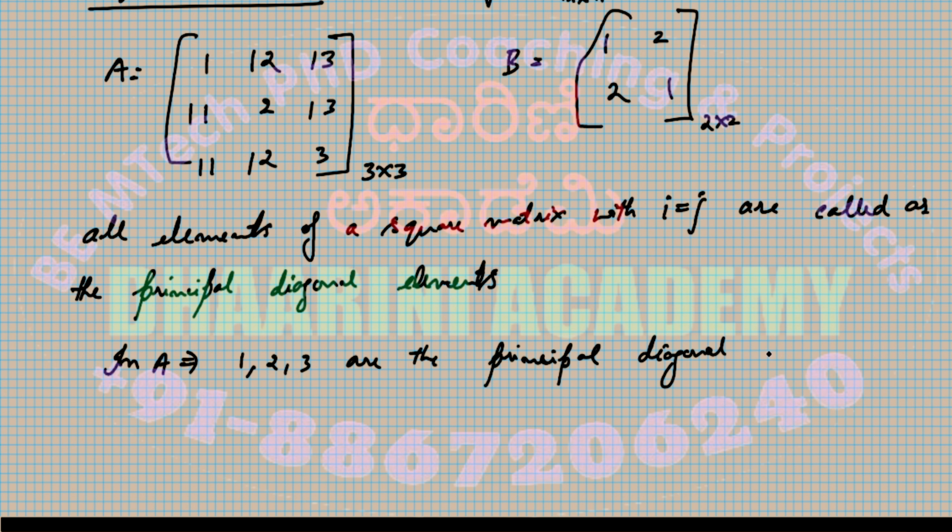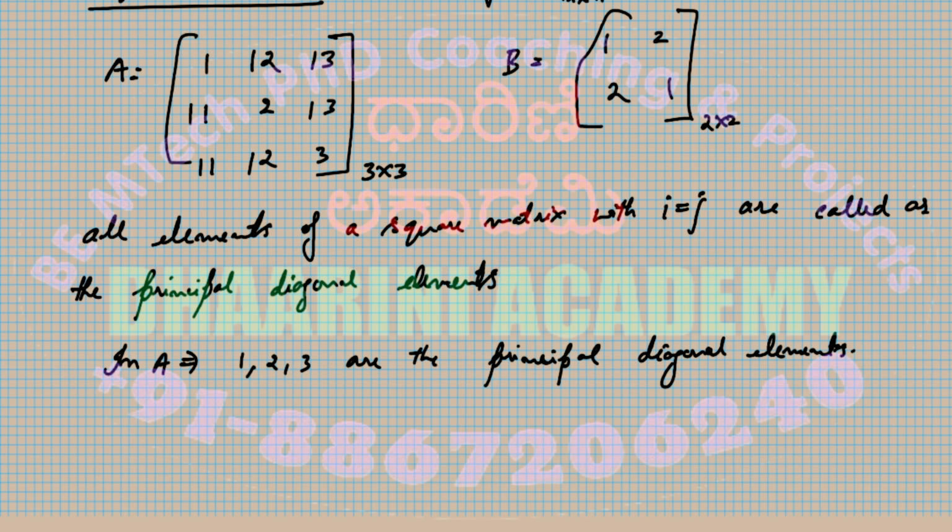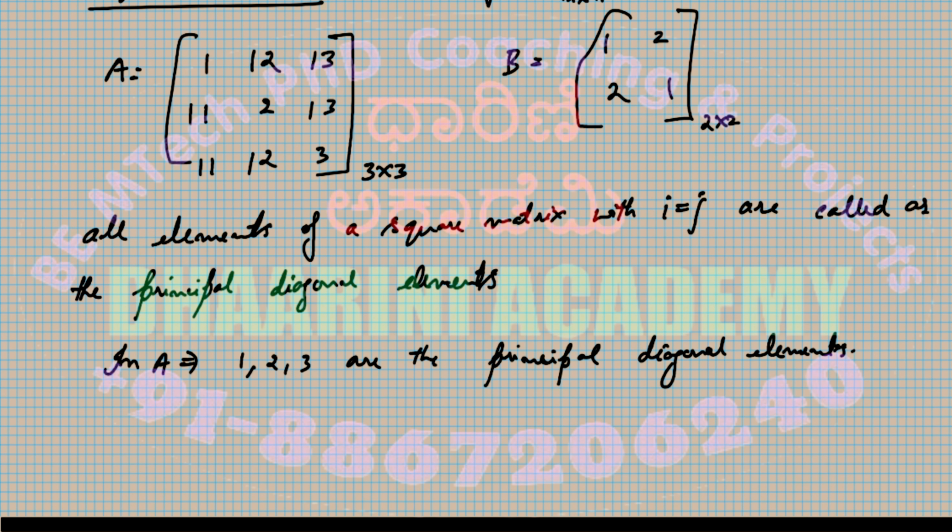So similarly, on the matrix B also we can identify the principal diagonal elements as 1 and 1. Okay, yes. Now let us move further.